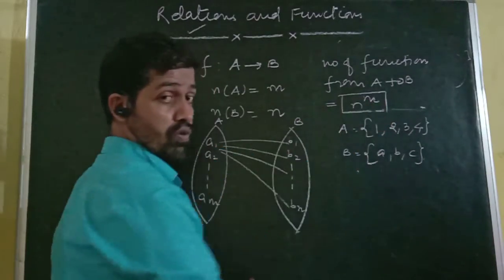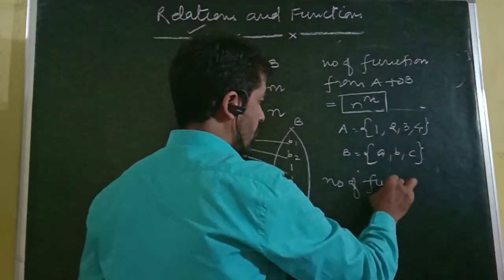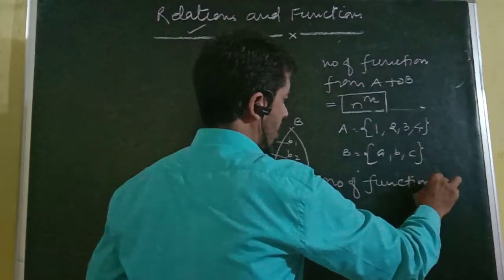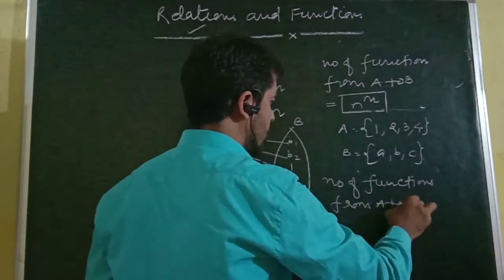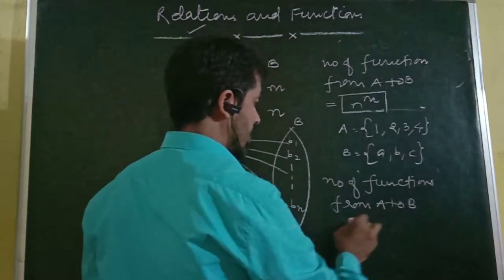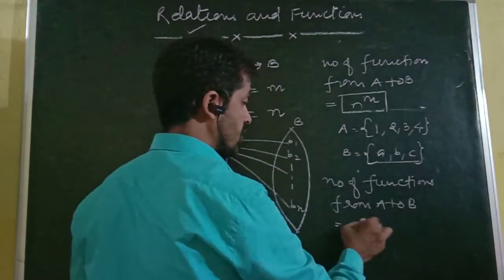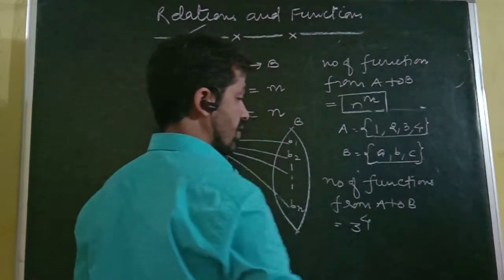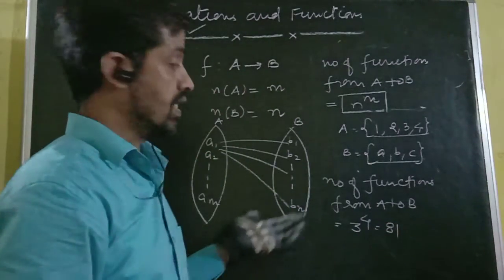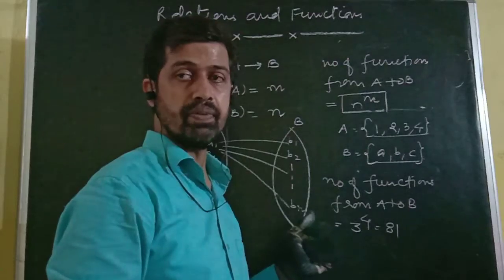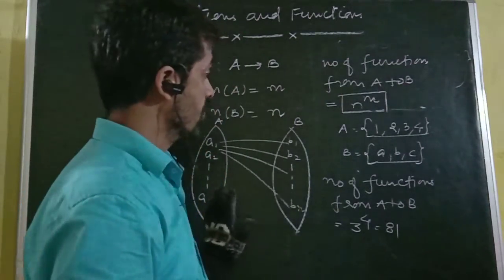Apply this formula, we get number of functions from A to B equals, number of elements here it is 3, so 3 to the power of 4, that is equals to 81. These are the number of functions defined from set A to set B. Hope it is clear. This way we can find out number of functions.